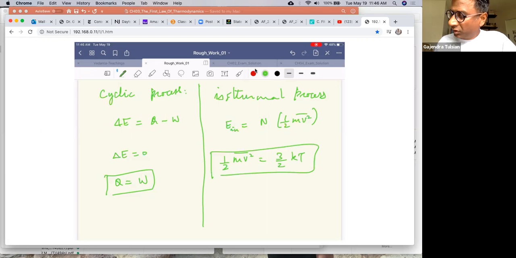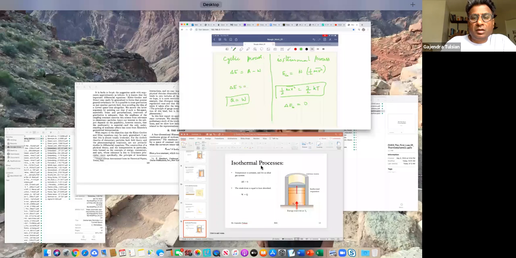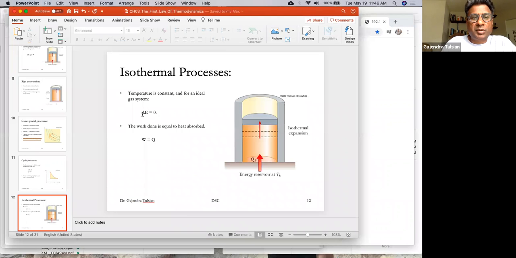So if in a process you keep the temperature constant, this is constant, that's constant, the internal energy is not changing. So for any isothermal process, the change in internal energy is 0.